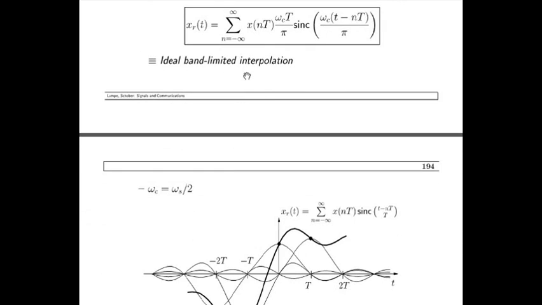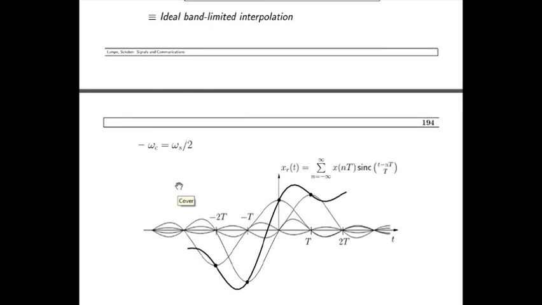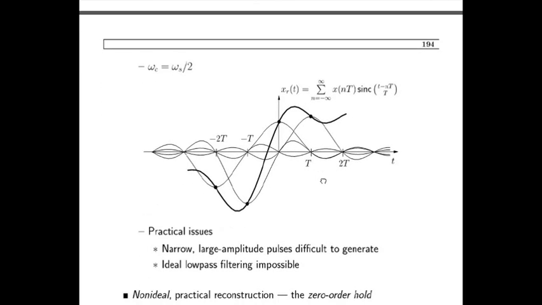If omega c is equal to omega s by 2, this was our sinc function. And if we increase the value of n, the signal will vary, as you can see in the graph. There are a few practical issues with this type of reconstruction.